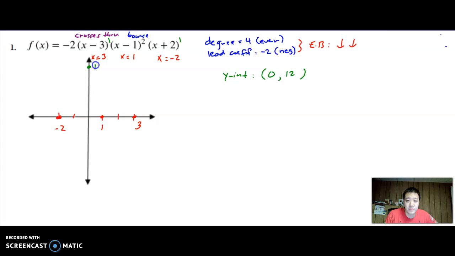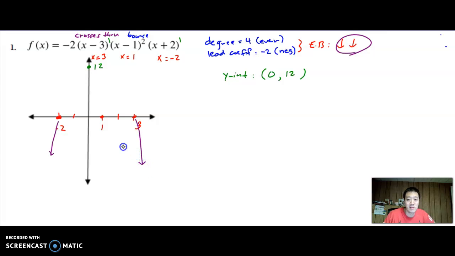Now I know my end behavior is down, down. So at my leftmost x-intercept, which is negative 2, I'm going to do a down arrow, and at my rightmost x-intercept at 3, I'm going to do the same, a downward direction.